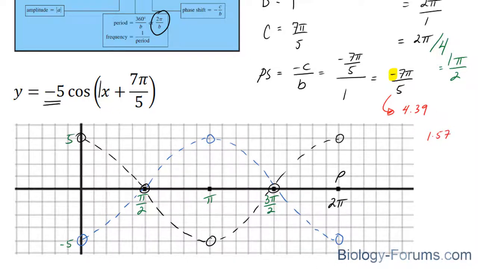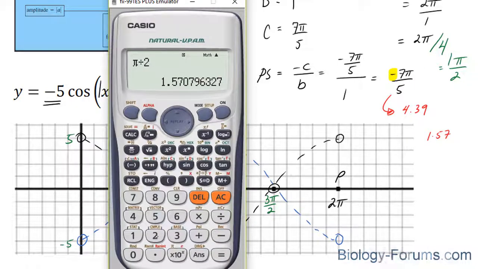Now, given that our graph is really small, this is going to be a little bit problematic for us because let's start off here. We know that this point is going to shift to the left by this amount. So let's use our calculator to find out how much that is. 7 pi over 5.